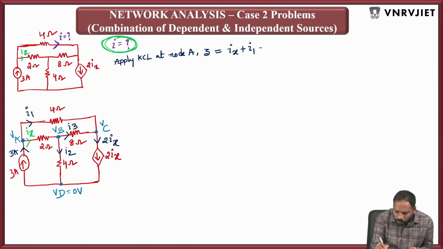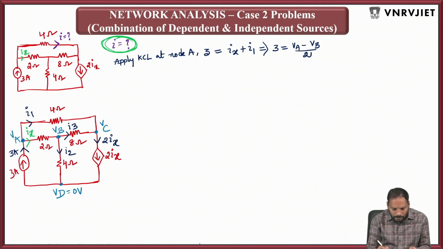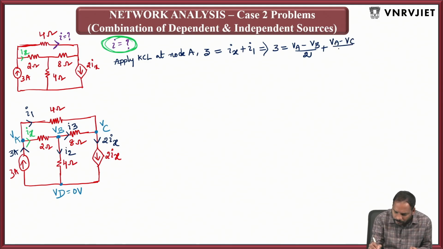Now try to represent Ix in terms of nodal voltages. So how will you write Ix? It is VA minus VB divided by 2. This is Ix plus I1. So what is I1? VA minus VC divided by 4.